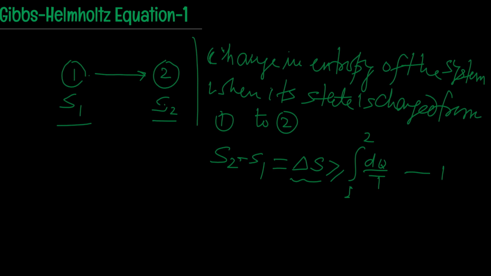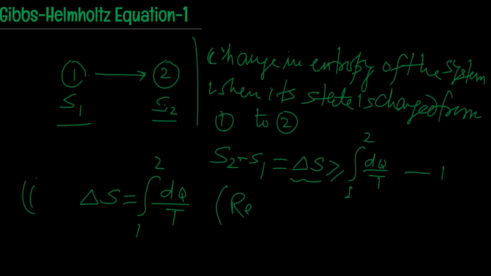Number 1: delta S equals the integral from 1 to 2 of dq over T. As equality holds, this refers to a reversible process. So this equality will hold only when the process is reversible.